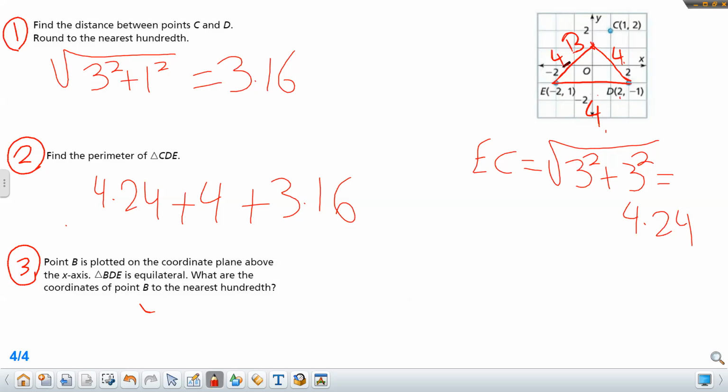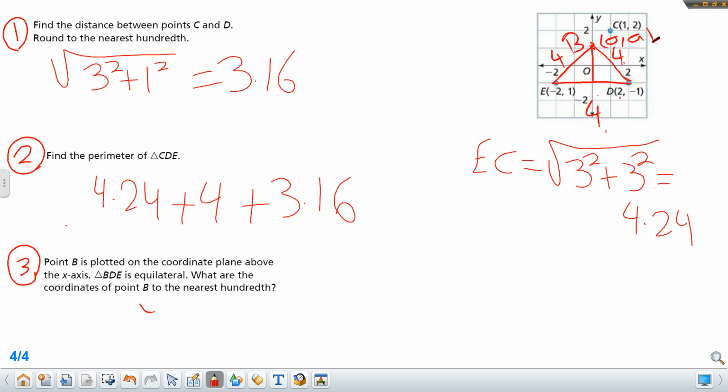So I can find the coordinates of B. Maybe the coordinates of B are 0 and A, for example. How to find A? It's easy. The distance between B and D is 4.